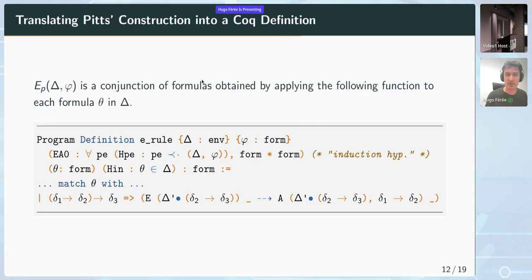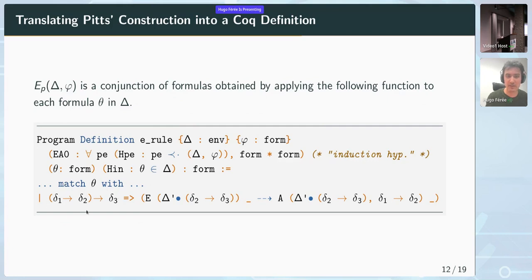So that table I showed you earlier is translated into a function that looks like this. If you give me delta and phi, so this is a Coq definition, but if you don't read Coq, that should be fine. If you give me delta and phi, I can build one element of the conjunction, which should be the thing on the bottom. So this is a big match, which matches a formula that you give in argument that is in delta.